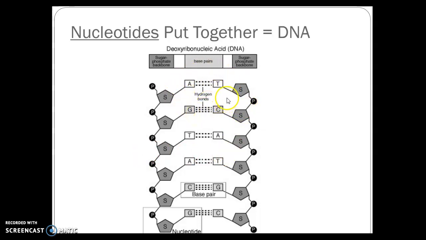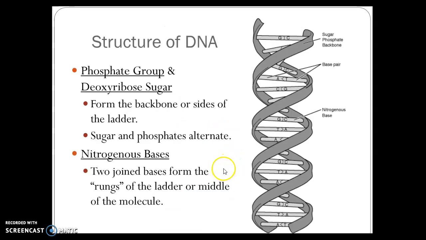So you have adenine and thymine, those pair together. Guanine and cytosine, those pair together. And that's always the way it is. G with C and A with T, or T with A and C with G. It's always that way. And that's in DNA, only in DNA.